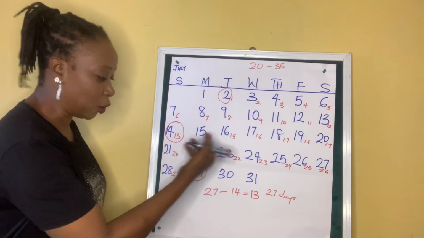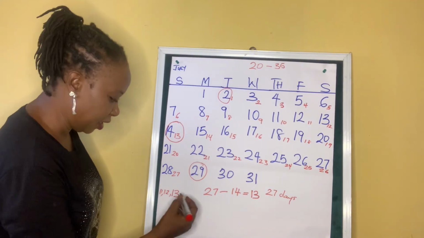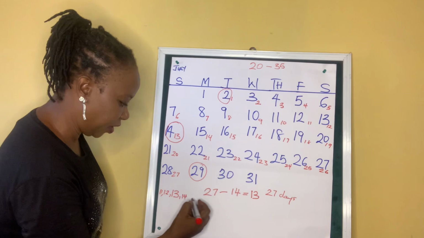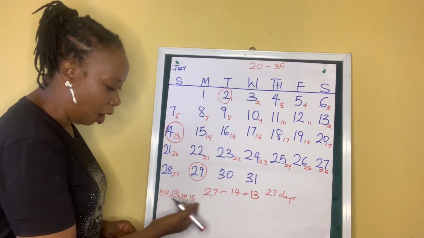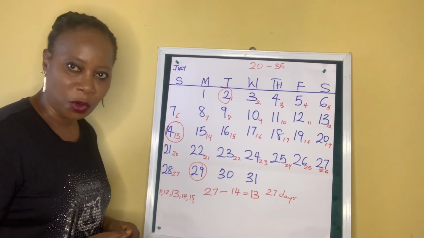Then we add another 2 days after, which is 14 and 15. So all these days are your fertile window.